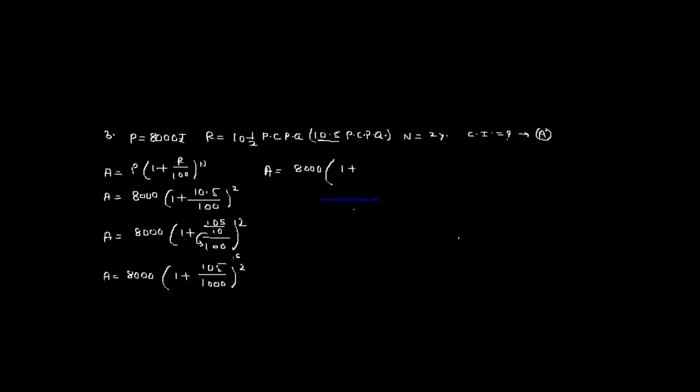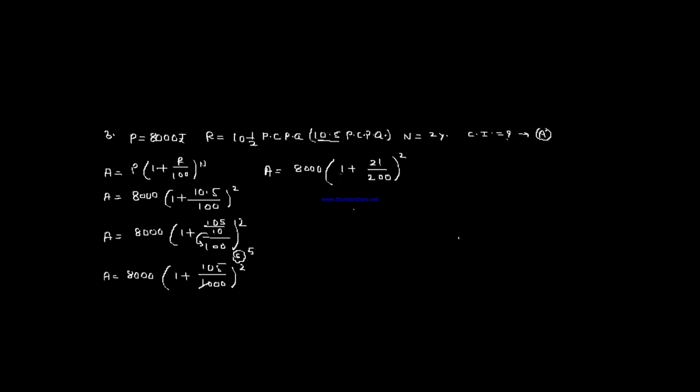So here 5 2s are 10, and 5 1s are 5, and here 200. So this is how we have simplified this fraction into this fraction. 21 5s are 105, and 200 5s are 1000.